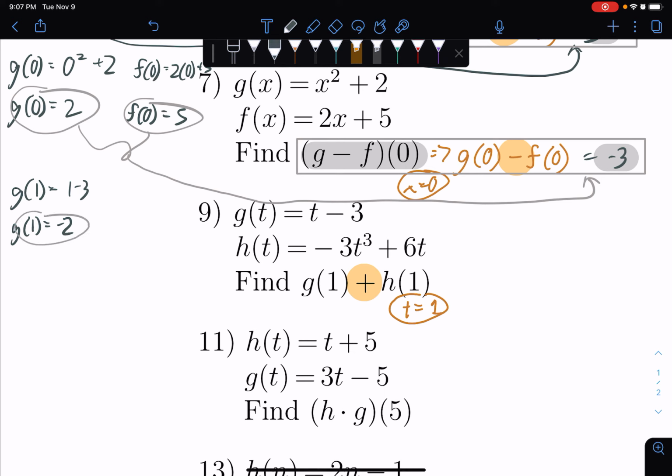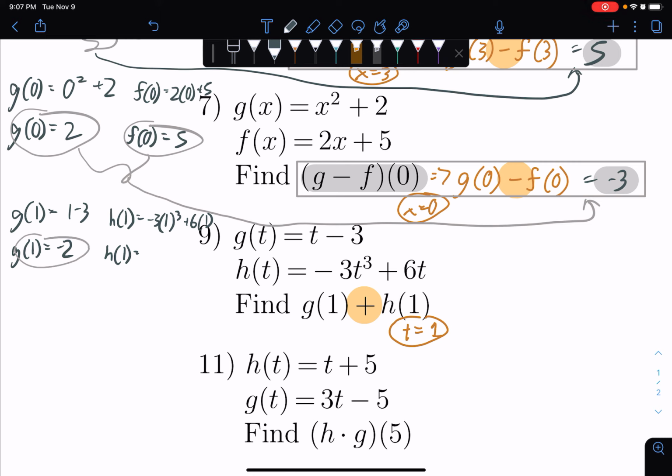Now for h of t, h of 1 is equivalent to negative 3 times 1 raised to 3 plus 6 times 1. So 1 times 1 times 1, there's no difference because the operation is still positive. So we still have 1, and times negative 3, we have negative 3. Then 6 times 1 is still 6. And negative 3 plus 6 is positive 3.